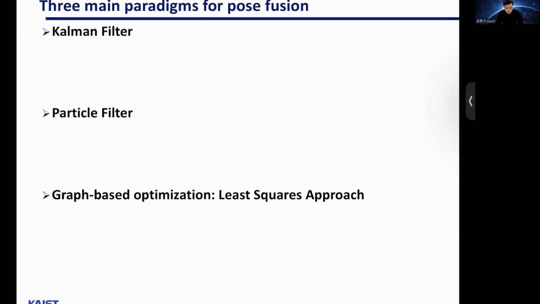There are three main methods when it comes to pose estimation. The first one is the most famous, the Kalman filter, then the particle filter, and the last one is the graph-based optimization method, which is developed based on the least squares approach.